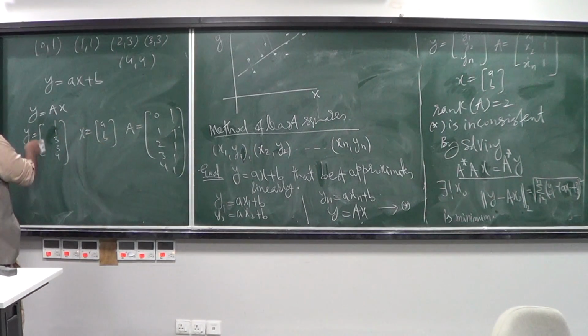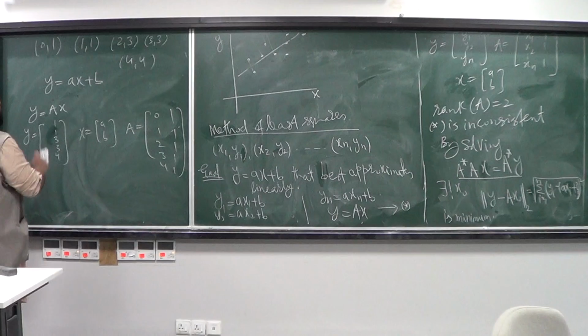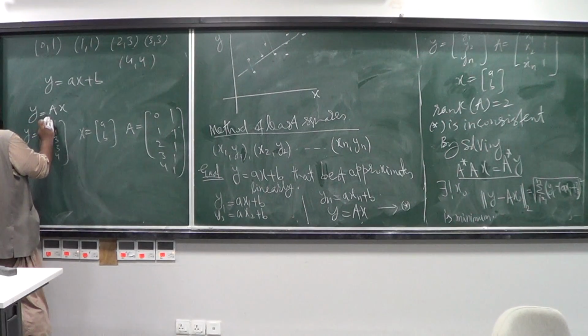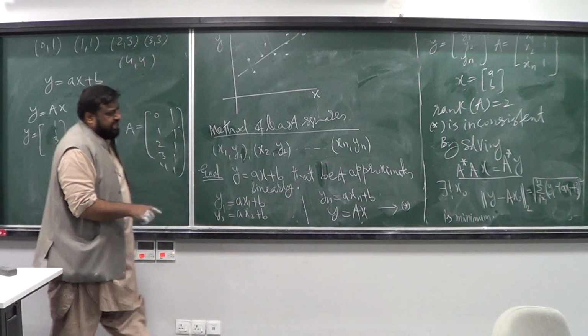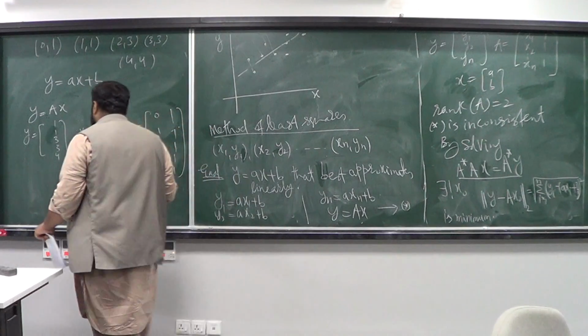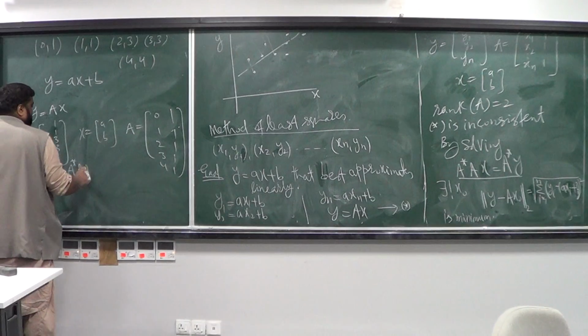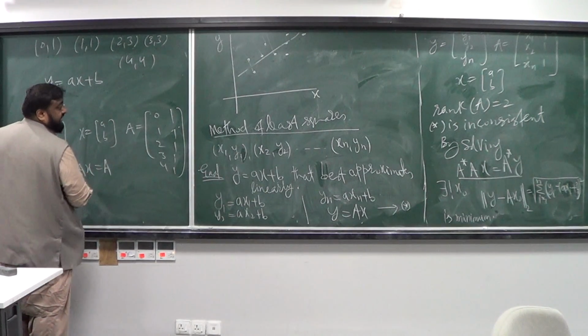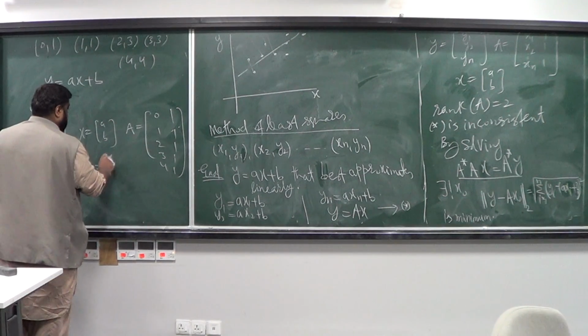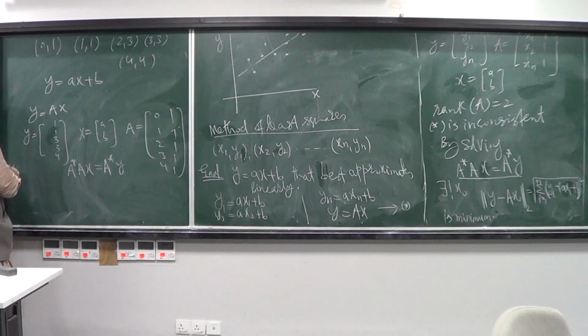If you want to solve this system, obviously it is inconsistent, but if you want to find the best approximation to the solution, you need to solve A star A x equal to A star y. Obviously A star is A transpose because these entries are real.